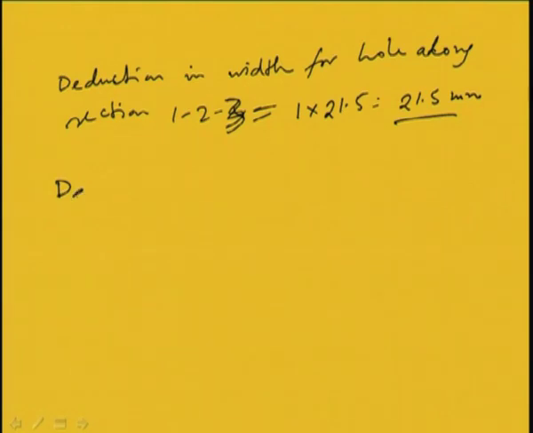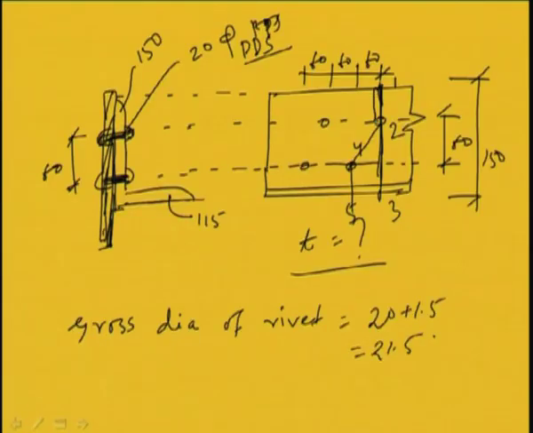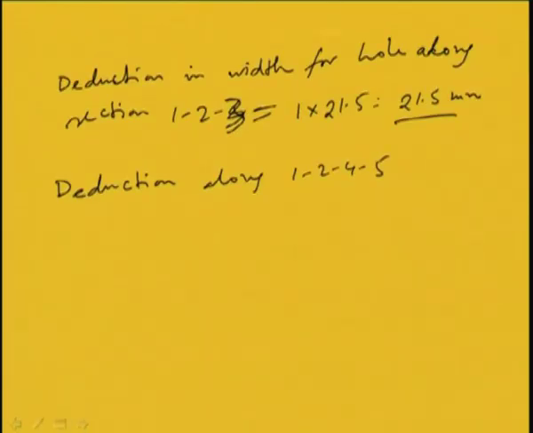Similarly, the deduction along 1, 2, 4, 5, that means this one. On this the deduction will be how much? That will be 2 rivets, so 2 into 21.5, minus s square by 4g, because of the zigzag nature we have to make it. So s is 60, 4g, g is also 60.